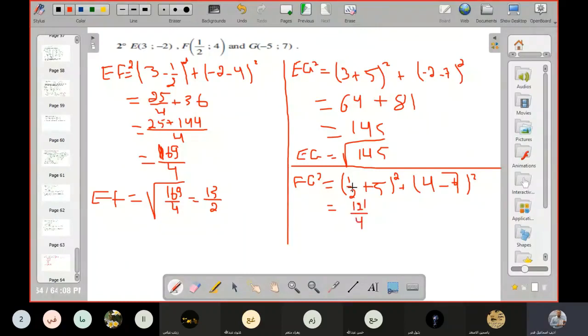Let me go back again. 5 plus 1 over 2 is 5.5, which is 11 over 2. 11 over 2 squared: 11 squared is 121, 2 squared is 4. 4 minus 7 is minus 3, squared is 9.